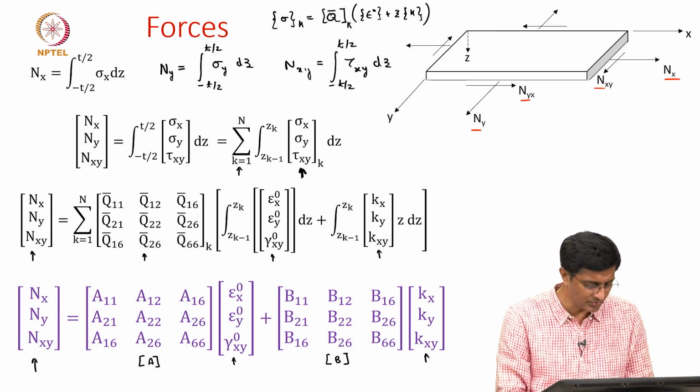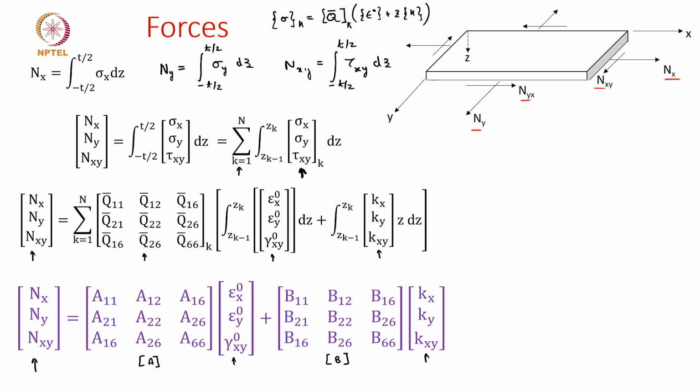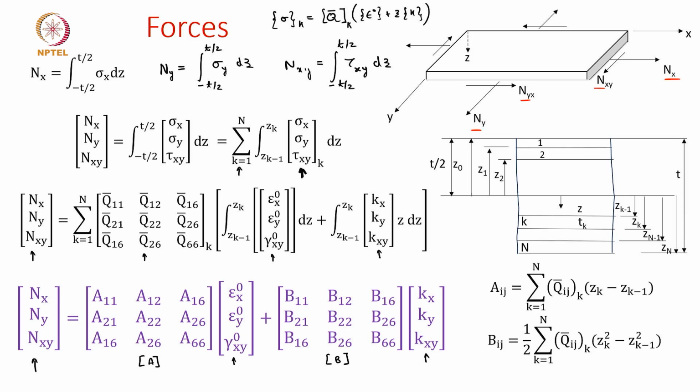Now the question is to see what these matrices A and B are. So if you look closely, we should be able to write those. This matrix A is nothing but the stiffness matrix component terms times zk minus zk minus 1. What is this value? This is simply the thickness of the layer.